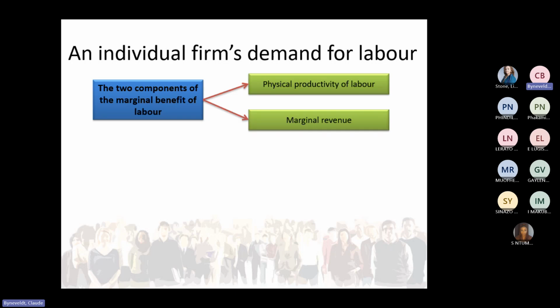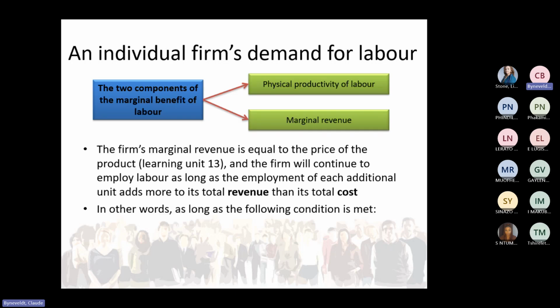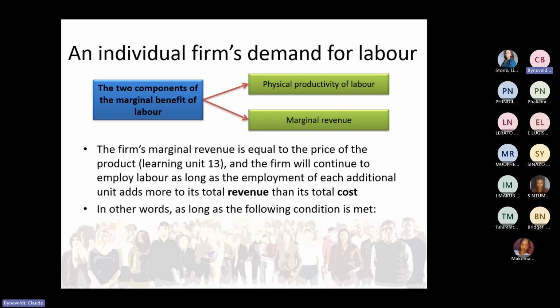So let's look at an individual firm's demand for labor in terms of this slide. What are the two components of the marginal benefit of labor? It consists of two things: the physical productivity of labor and the marginal revenue. Now, what is the physical productivity of labor? You will also find it in the additional notes on the portal site, on the module site, and in the introduction to the learning outcomes.